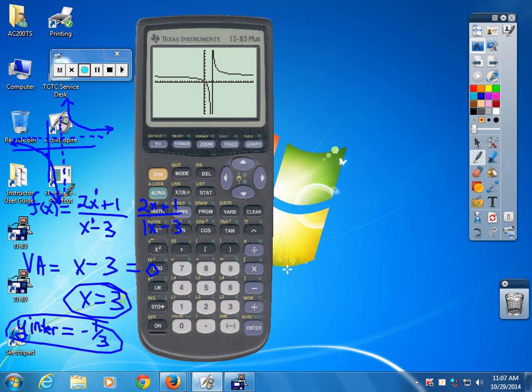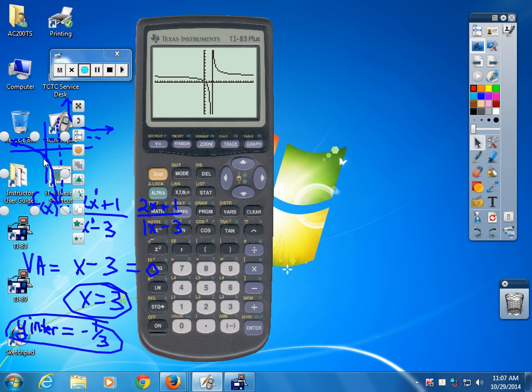Question. The y-intercept negative 1/3. Shouldn't it be in the middle of both of those? The y-intercept? It's right here. Yeah, but shouldn't it be in the middle of both of them?